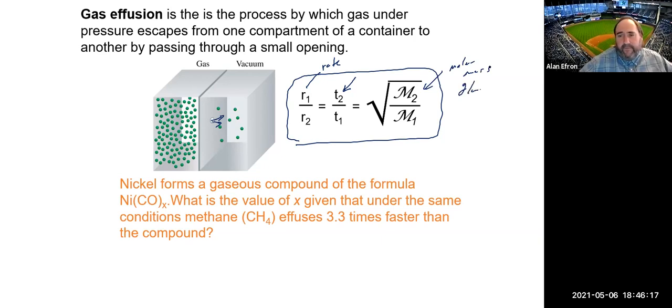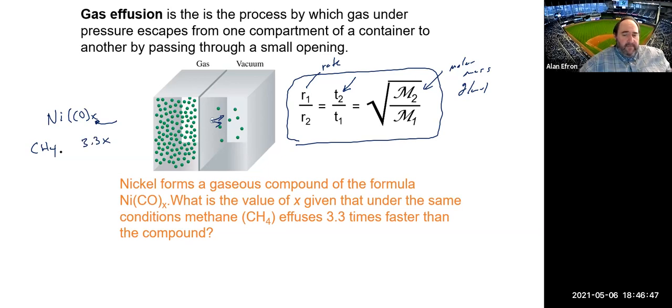For example, if we look at the problem on the bottom, nickel forms a gas compound with a formula of NiCO_X. We're not really sure what X is at this point. What is the value of X if, under the same circumstances, methane, which is CH4, effuses 3.3 times faster than this compound?